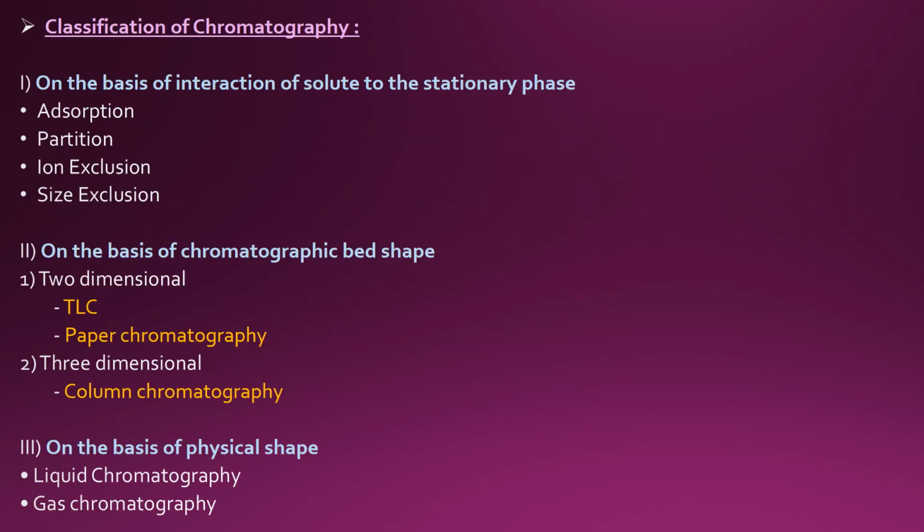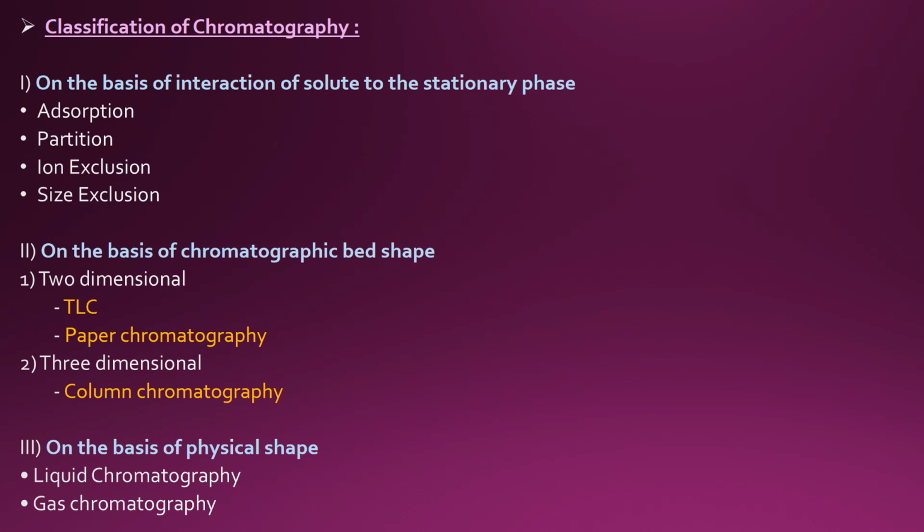Classification of chromatography. On the basis of interaction of solute to the stationary phase, there are four different types, that is adsorption, partition, ion exclusion, and size exclusion chromatography. On the basis of chromatographic bed shape, there are two types, that is two-dimensional and three-dimensional.